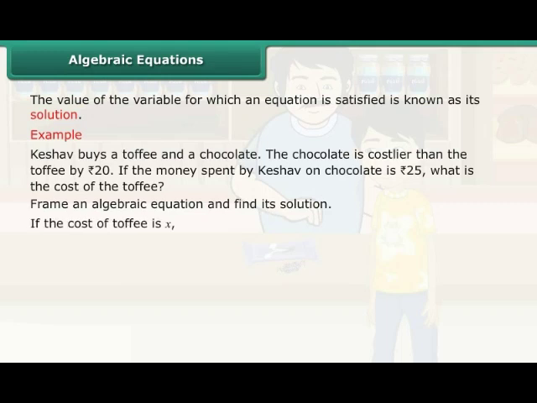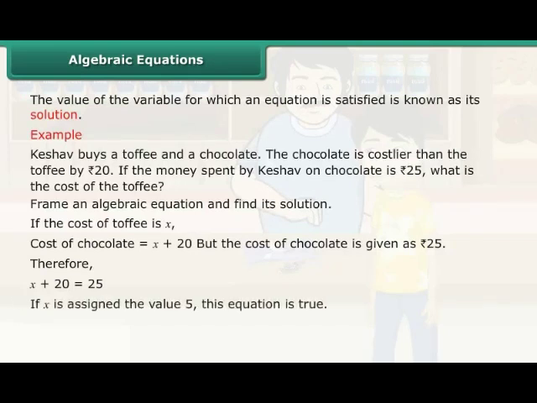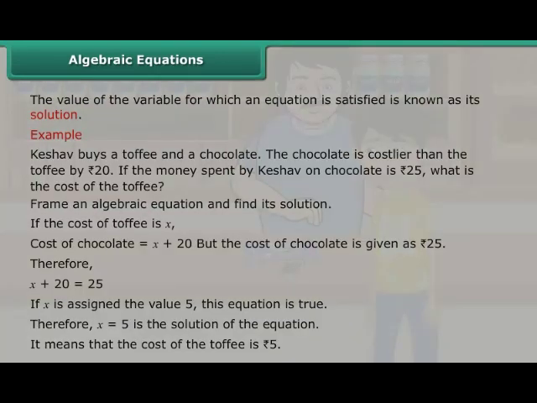If the cost of toffee is x, the cost of chocolate is x plus 20, but the cost of chocolate is given as 25 rupees. Therefore, x plus 20 is equal to 25. This equation is true if x is assigned the value 5. x equal to 5 is the solution of the equation. It means that the cost of the toffee is 5 rupees.